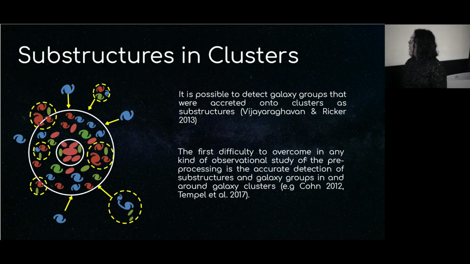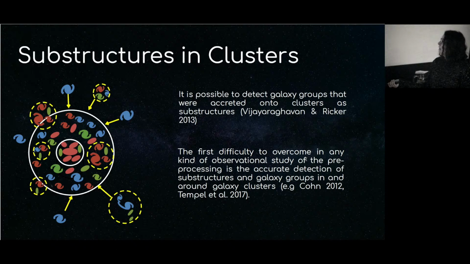Several authors found, through simulations and theoretical work, that it is possible to catch galaxies from galaxy groups inside galaxy clusters, because galaxies retain some properties of the progenitor groups. For example, galaxies retain the kinematics associated with the galaxy group, even in a galaxy cluster.